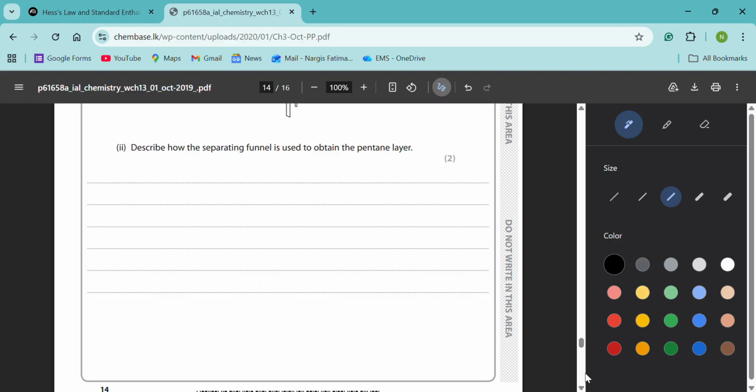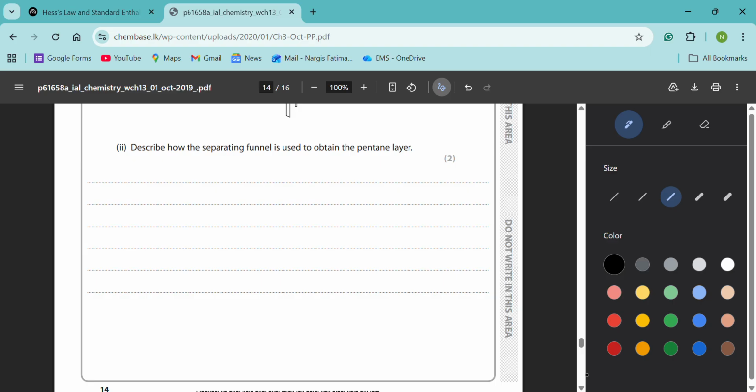Describe how the separating funnel is used to obtain the pentane layer. Okay, so first you will shake, invert, and release the pressure.